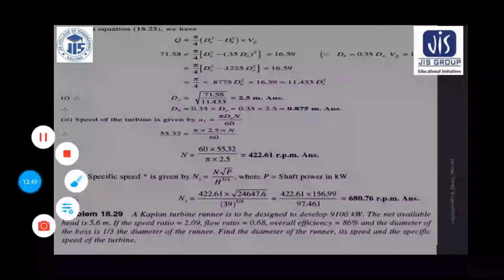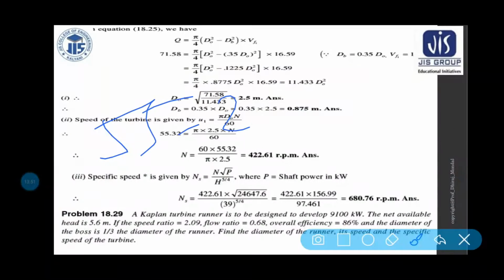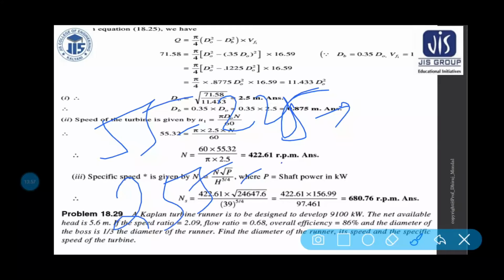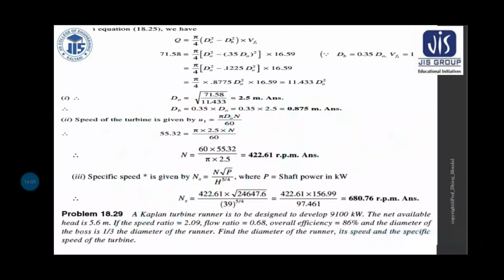If the specific speed is 55 to 225, it is called a Francis turbine. If you get 255 to 860, it is called either a Kaplan turbine or a propeller turbine. So based on the specific speed, you can classify which type of turbine it is.